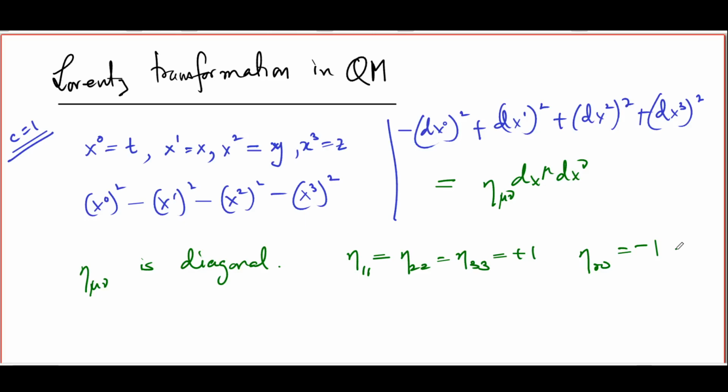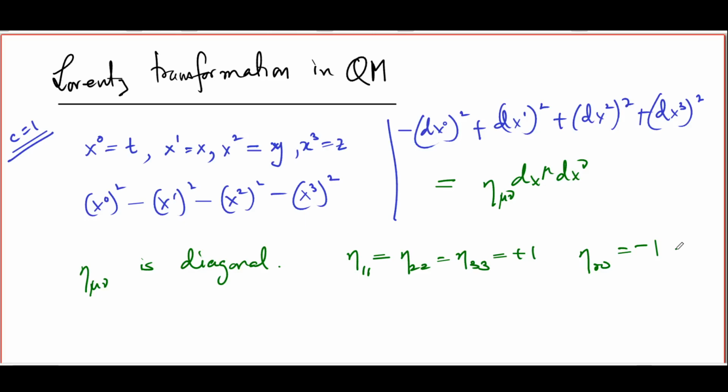Whereas, for high energy physics, it is typically the energy term or the temporal term which is dominant. And in high energy physics, almost universally, the convention is to use eta 0 0 equals plus 1 and eta 1 1, eta 2 2, eta 3 3 equals minus 1. So, in a way, it is slightly surprising that Weinberg uses a general relativist's favorite version of the metric in a textbook which talks about quantum field theory and relativistic quantum mechanics in particular. This is slightly unusual, although not unheard of.